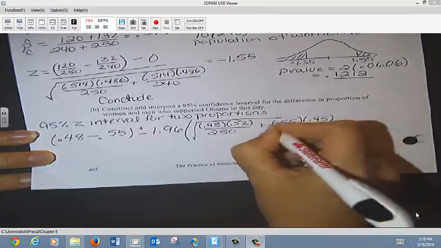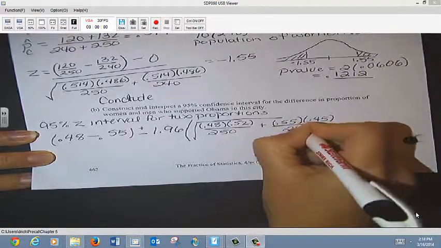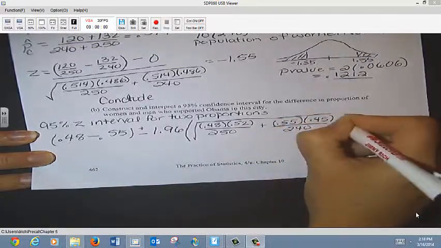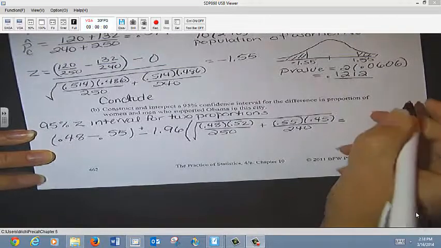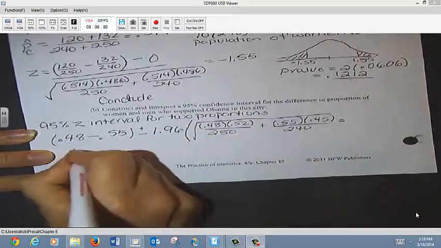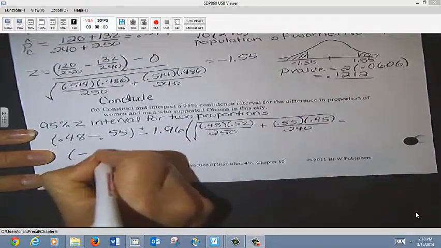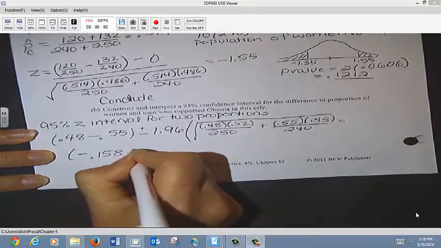That would give us an interval of negative 0.158 to 0.018.